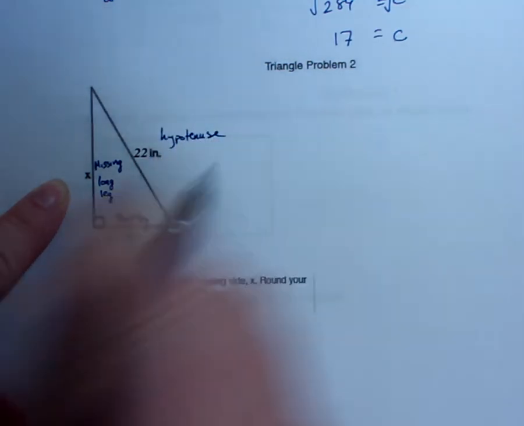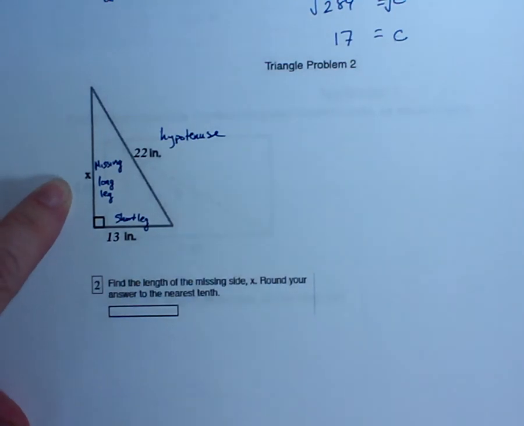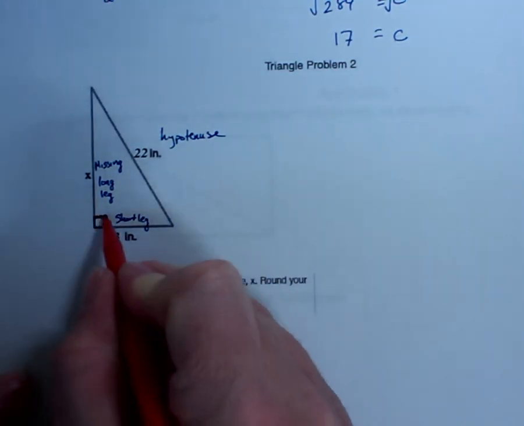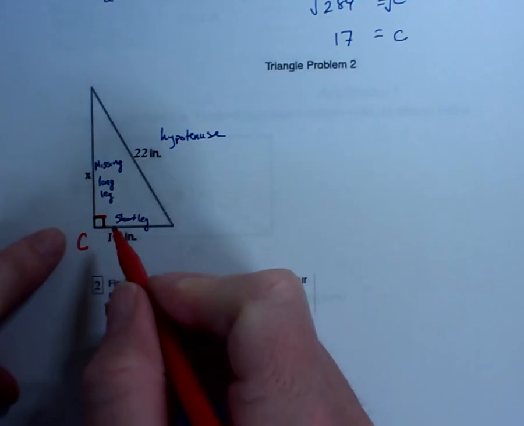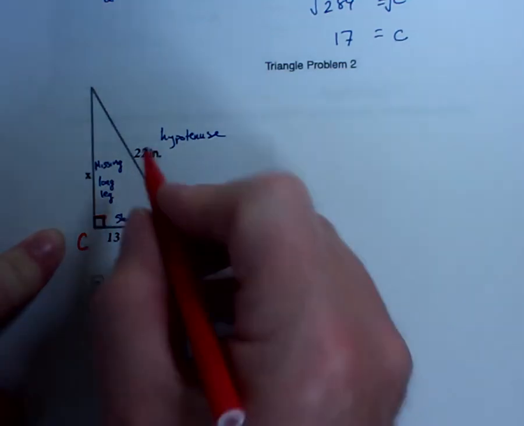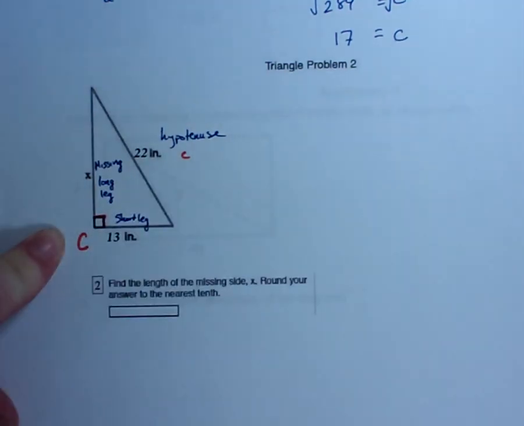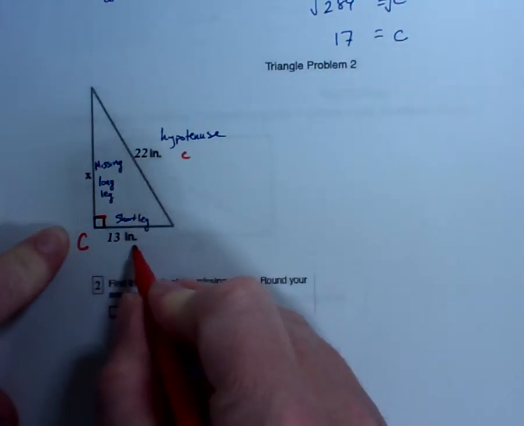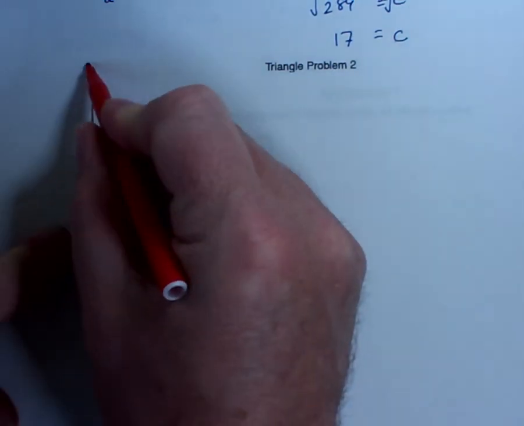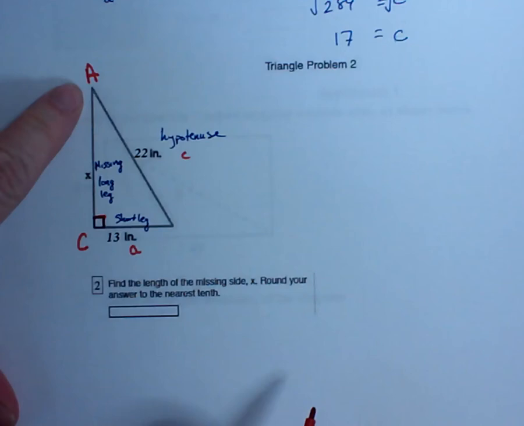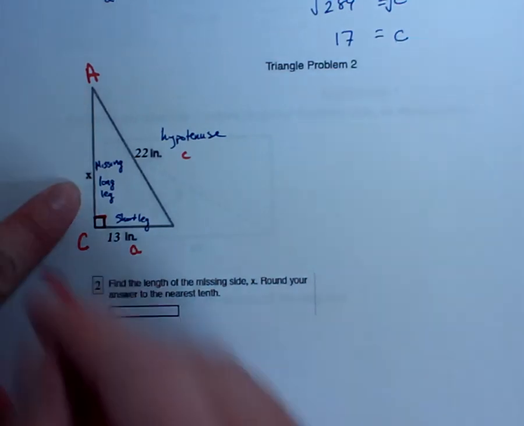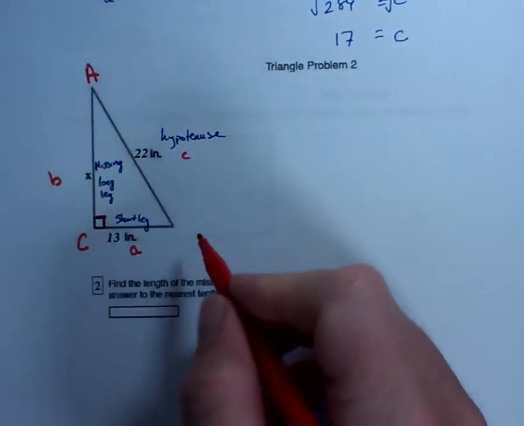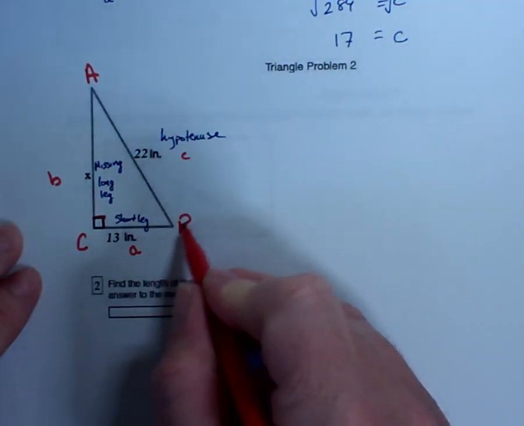The first thing that we do every time that we start on these right triangles is we find the 90-degree angle, and we label that capital C, and the hypotenuse is little c. And then this looks like the shorter leg, so we're going to call that A, and this one capital A for the vertex, diagonally across. That leaves us with B here, and capital B there.